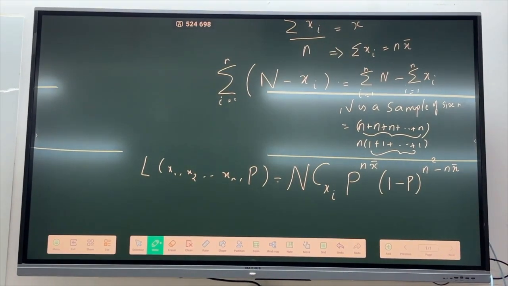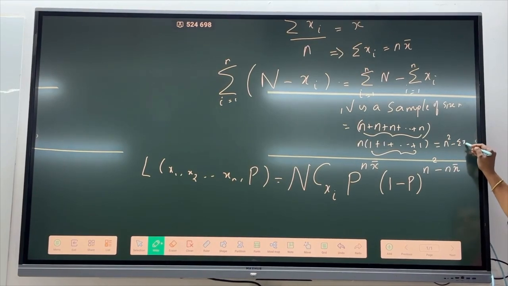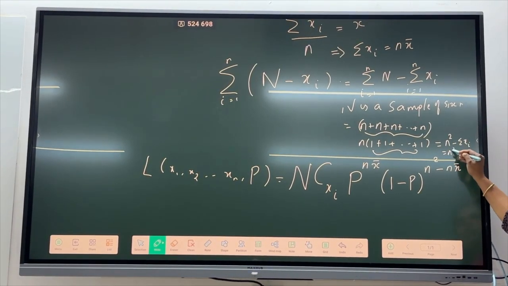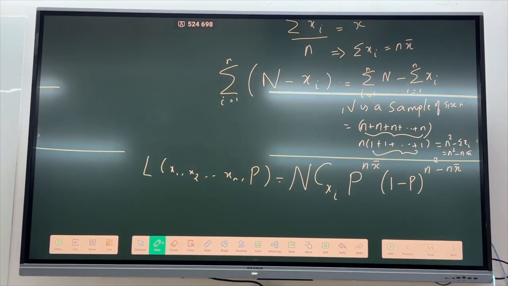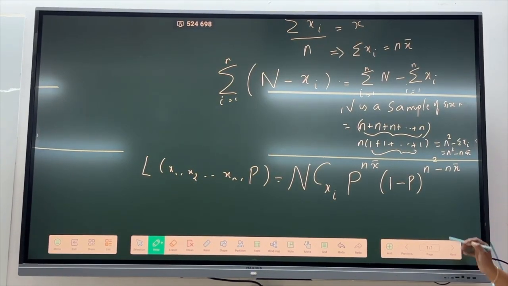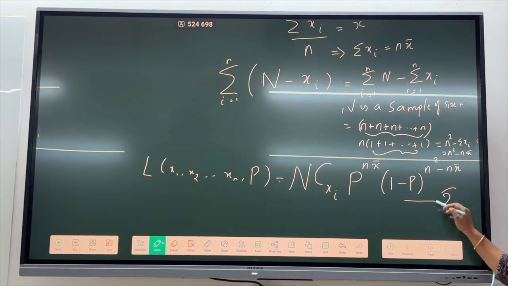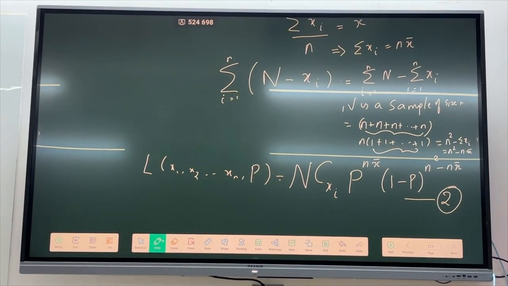How are we getting this? From here, N square minus summation xi, which is N square minus n x bar. Take it as equation number 2.